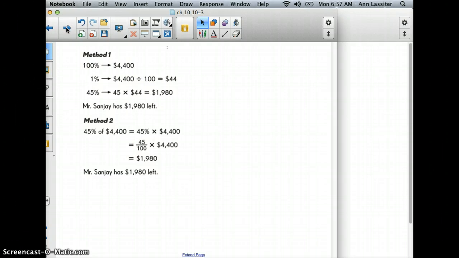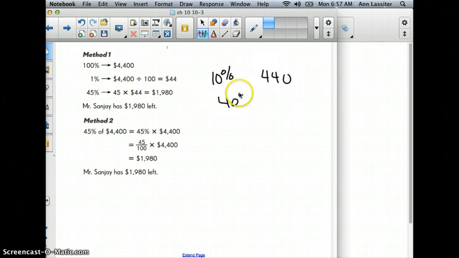I personally think, if you think about 10% of 4,400 is 440. So 40% would be 4 of those, which is 1,760. 5% is half of 10%. So half of 440 is 220.